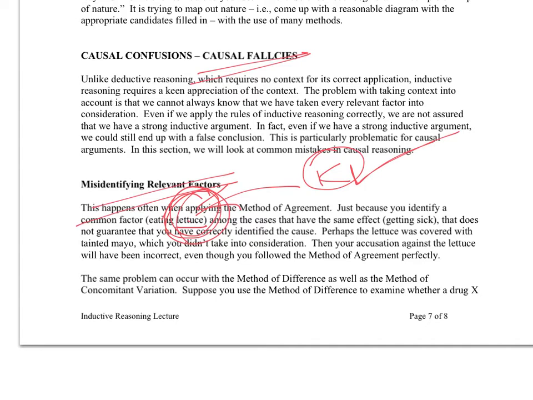And the same point applies to the method of difference and the method of concomitant variation. So just because you see some kind of correlation between two things, the correlation doesn't necessarily mean that you've identified the causal relation.